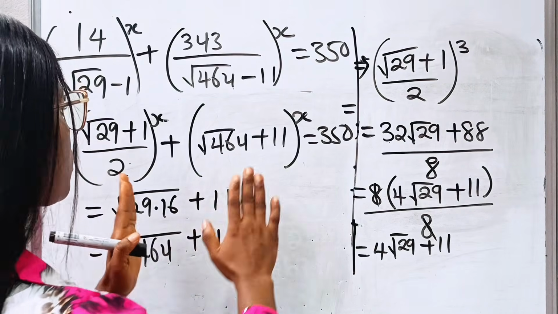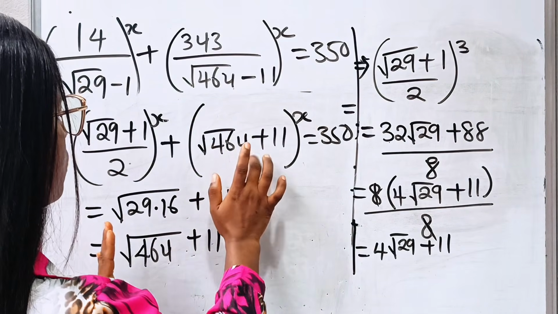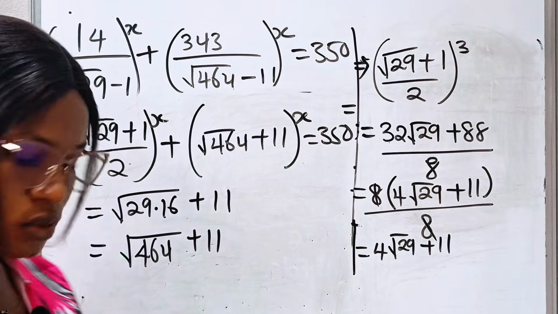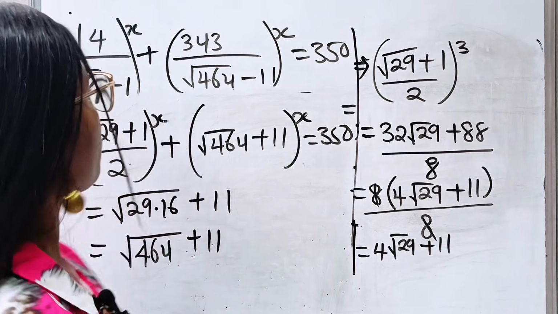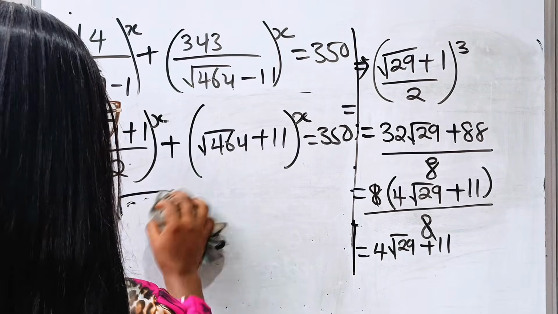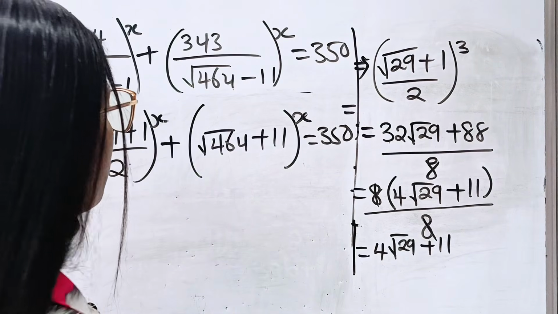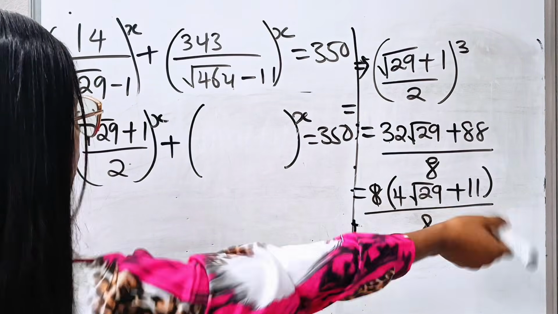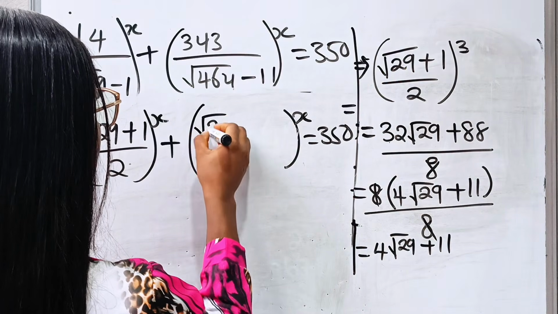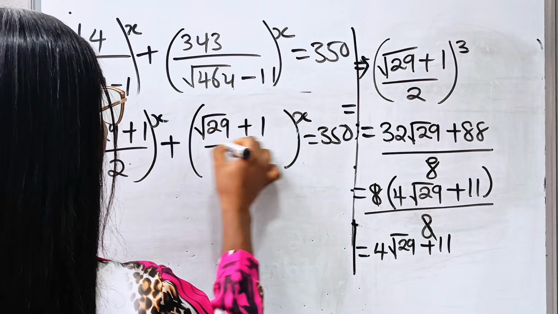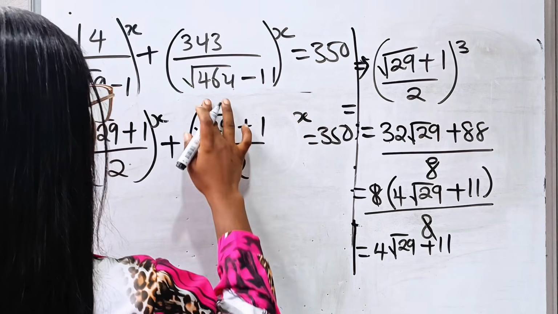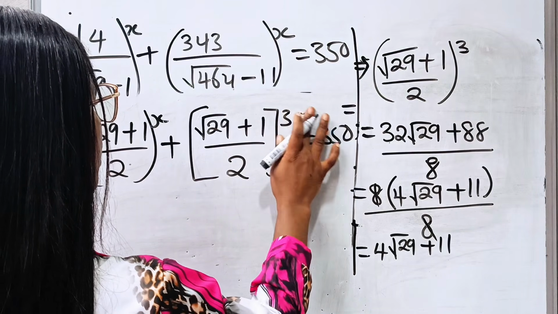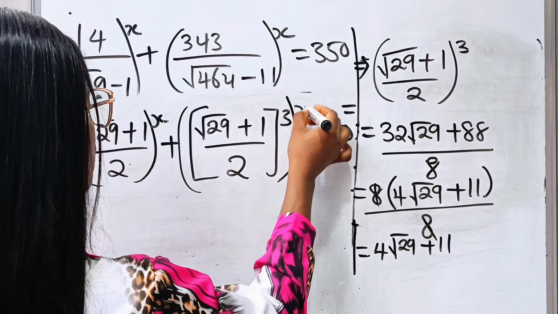Permit me to erase this one and replace it with this, since we are now in agreement that this is equal to this. Because of my board, that's what I'm going to do now. So I will replace this with square root of 29 plus 1 divided by 2, raised to the power of 3, then raised to the power of x.